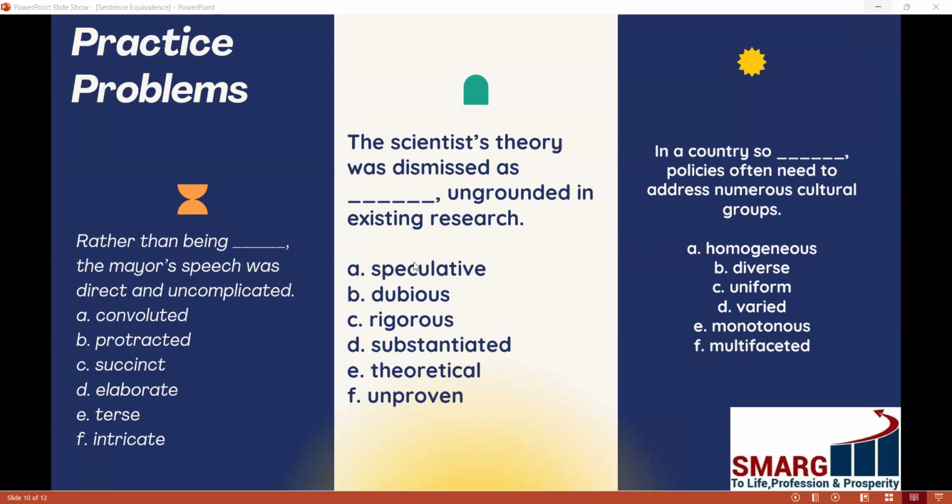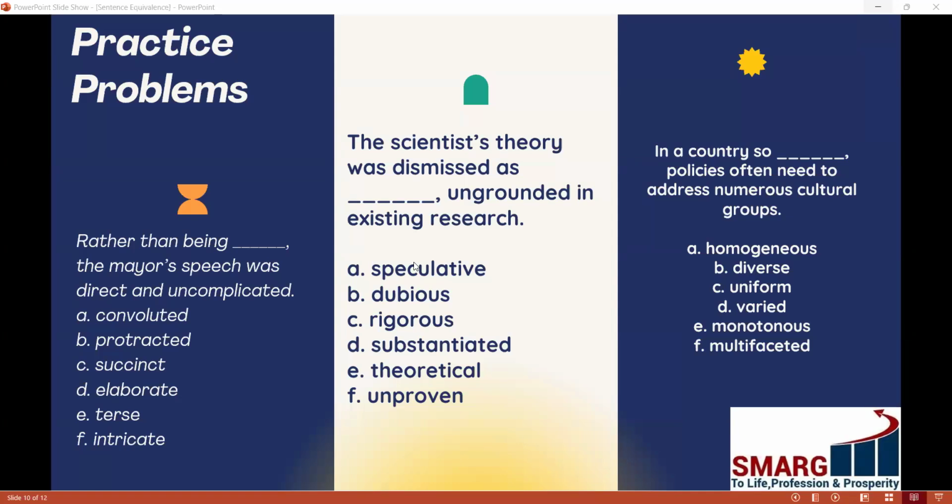So if my first choice happens to be convoluted, that is not related to duration then. Now I need to look for a word. Both of them should be highlighting a very basic idea, that is being opposite of direct, something being complicated.